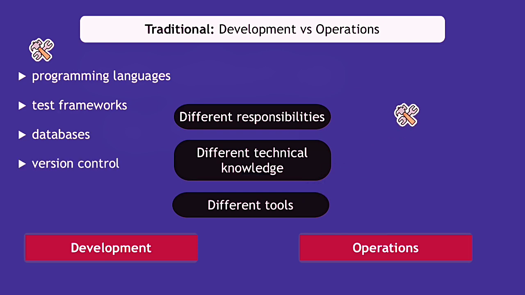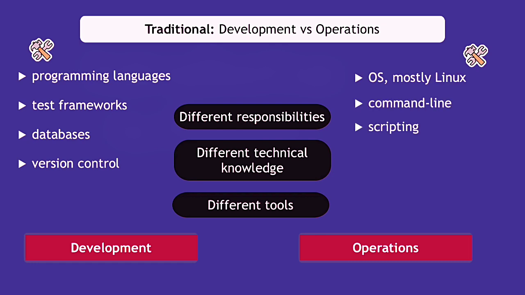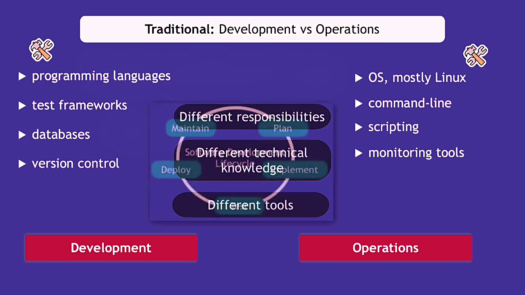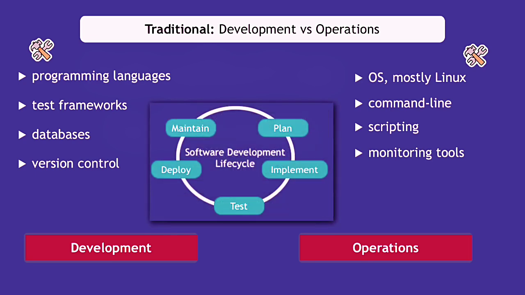On the side of the IT operations, it's more the operating system, mostly Linux, command line tools, scripting, meaning writing automated scripts for the operating system and the servers, monitoring tools that allow them to monitor if something happens to the IT infrastructure, and so on. So completely different tool set. Which means that these two jobs or areas of responsibility, that are part of the same process of software development and delivery, so to say, have completely different competencies, skills, and know-how.